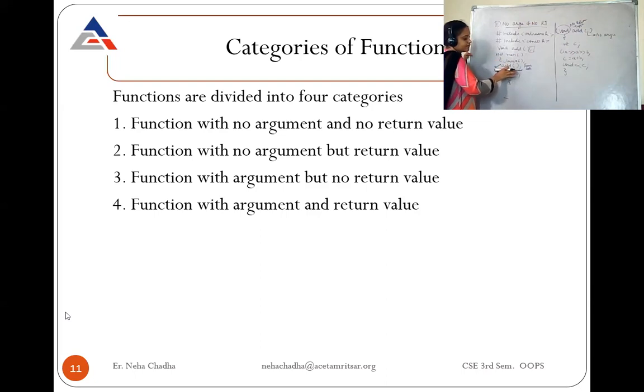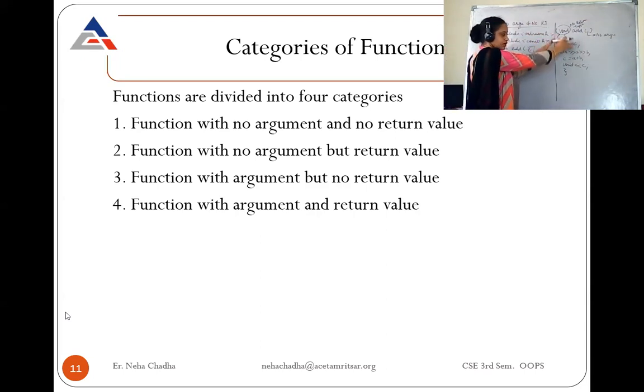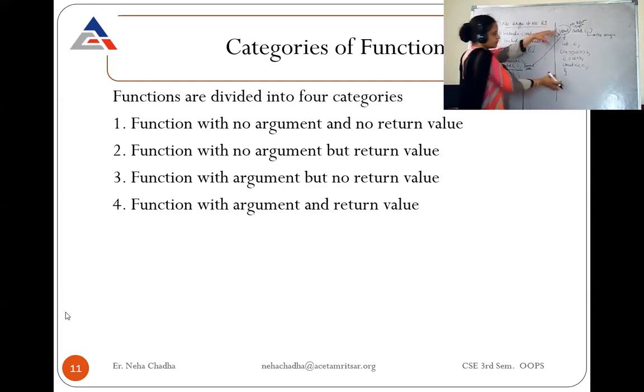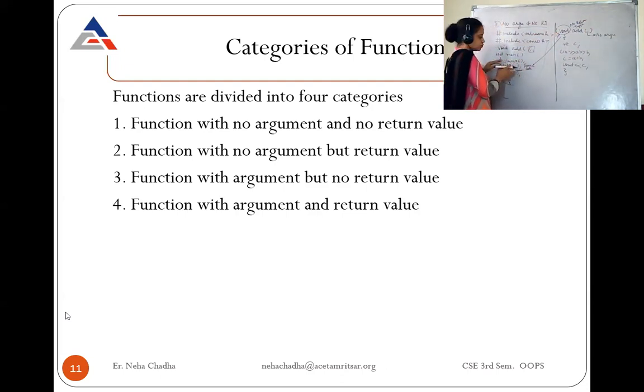Then the compiler will try to find out where add has been written. Add has been written here in the function definition. The control of your program will be transferred here. Means the whole code will be transferred here. That is not visible to you, but that is what is actually happening in the backend. So your function name is very important.